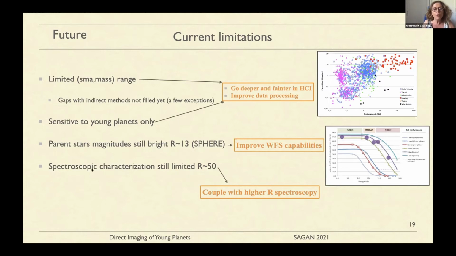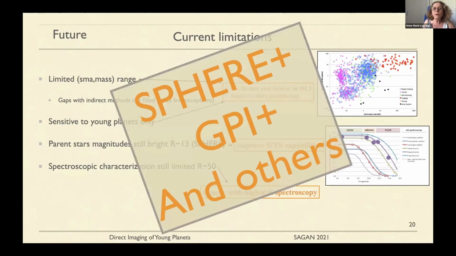And also, if we want to better characterize the planets, we have to go beyond the current limits in terms of resolving power in spectroscopy. We need to couple with higher resolution spectroscopic data, and hopefully this will be possible in the next year with SPHERE+, the upgrade of the SPHERE instrument, and the upgrade of the GPI instrument.